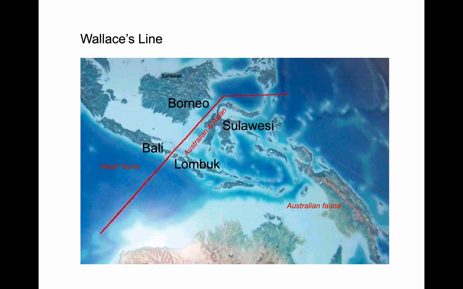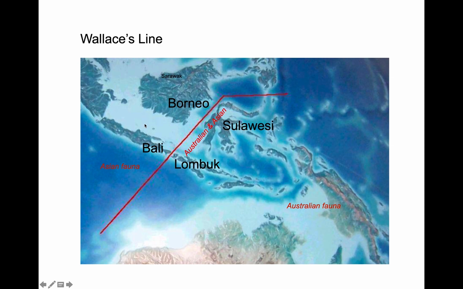So you guys have probably heard of something called Wallace's Line, but this is something that's found over in Southeast Asia, just north of Australia, where down here you have a very Australian fauna that pushes all the way up almost to Borneo, and then there's this really stark line that gets drawn right here, and most of the fauna and flora from this side comes from Asia.